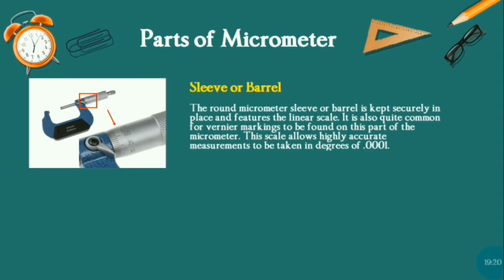It is a barrel-type cylindrical part mounted on the spindle and is the main scale of the micrometer because the main scale is engraved on the sleeve. The thimble rotates around that sleeve and spindle. Its main function is indication of the reading.